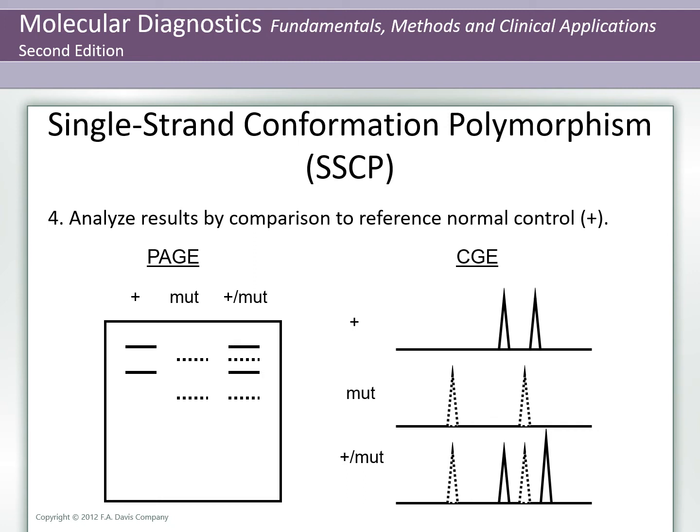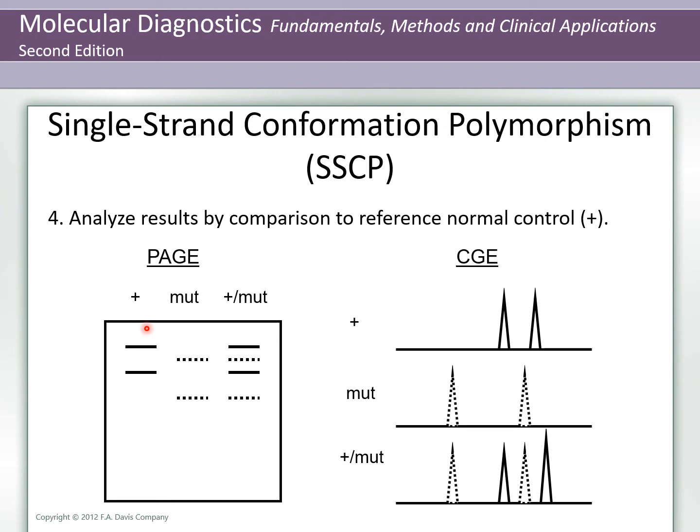After the conformers have been resolved using electrophoresis, as seen on the previous slide, the results can be analyzed against the control to determine if mutations exist. On the polyacrylamide gel sample on the left, you can see the normal control in the first lane.